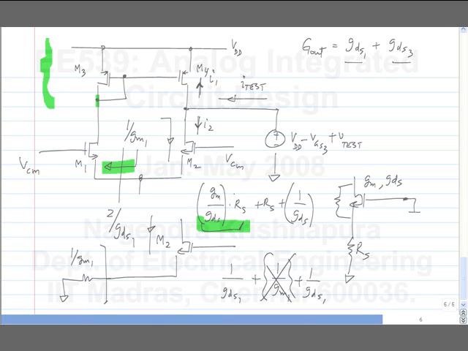So because of degeneration you get GDS1, and because of its own output conductance you get another GDS1. It is 2 GDS1s in series, which gives you 2 by GDS1. Is this clear? The impedance looking down into M2, that is, if you look at I2 will be V test times GDS1 by 2.